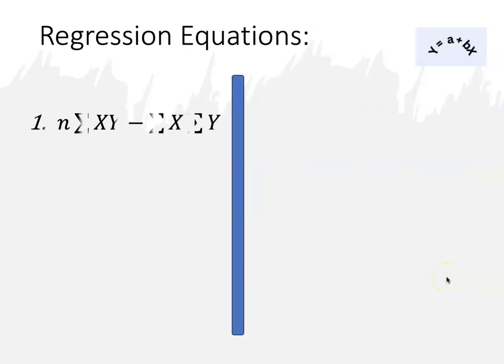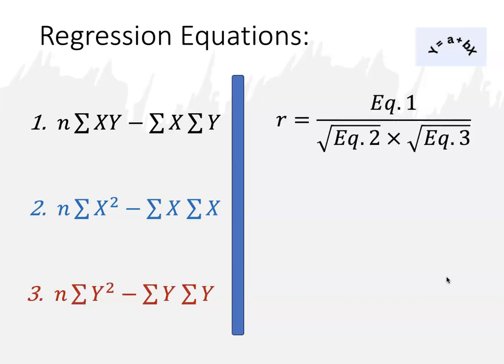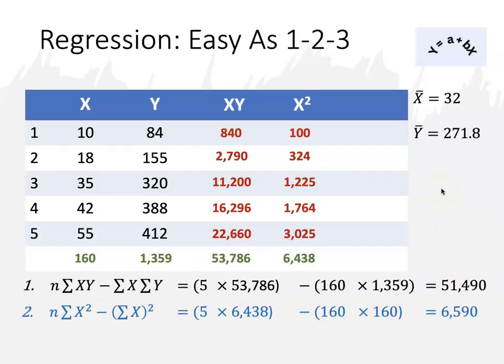So this is our equation. Next, we want to do a little bit more. We want to do our correlation coefficient. And this one requires equation 3. So here goes. We need a column for y squared. In this column, we're just squaring each y value. So 84 squared is 7,056. 155 squared, 24,025.